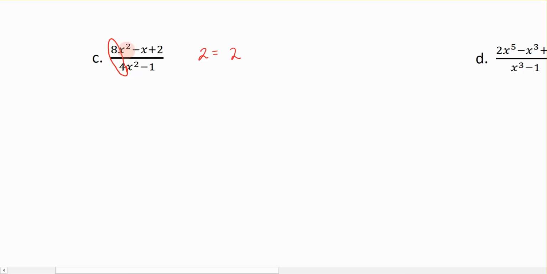So 8 divided by 4 equals 2, and therefore the horizontal asymptote is y equals 2. It's pretty easy as long as you see what to do first. So I have a horizontal asymptote at 2 here when the degrees of my numerator and denominator were the same.